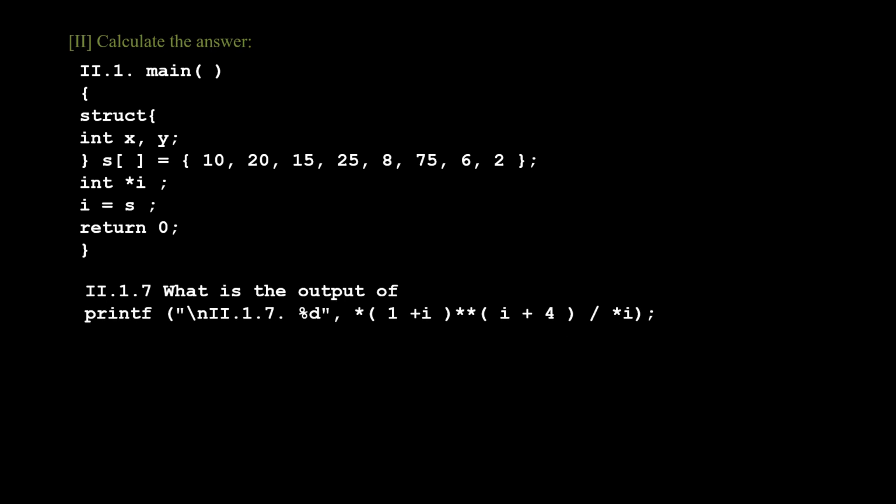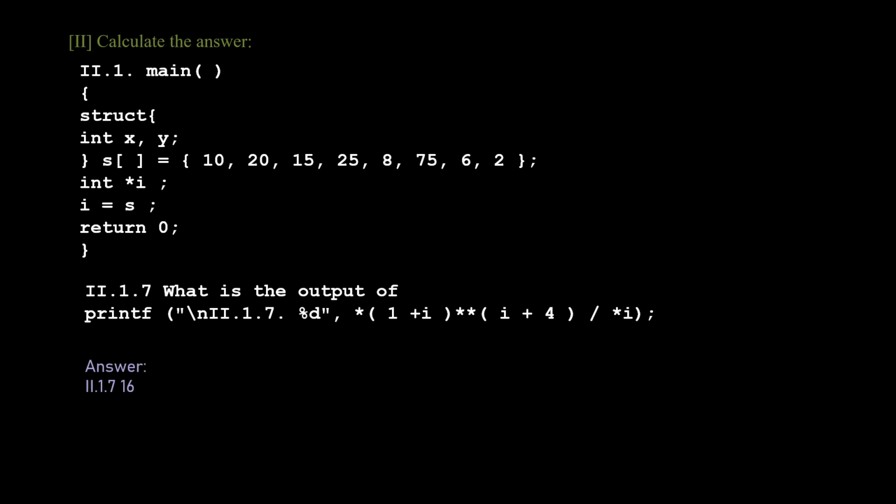Let's see the next question. Here is the 7th question. So it's *(1+I) * *(I+4) / *I. Let me start the timer. Let's see the answer.